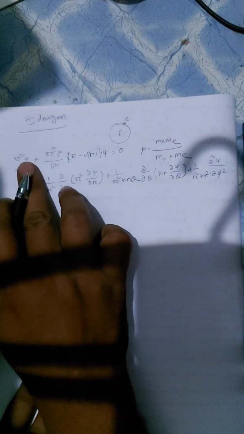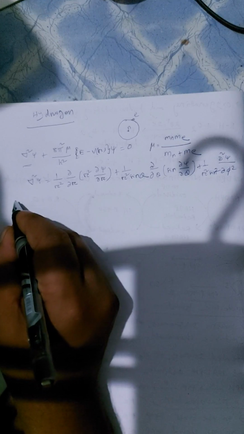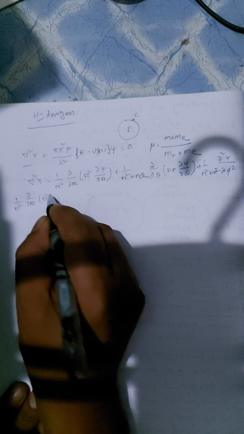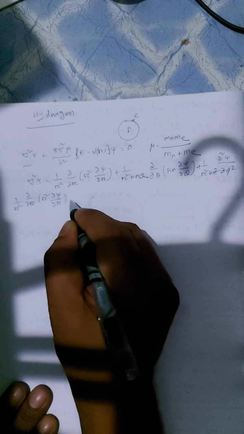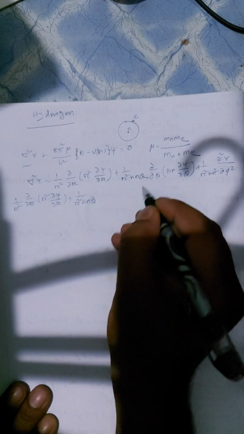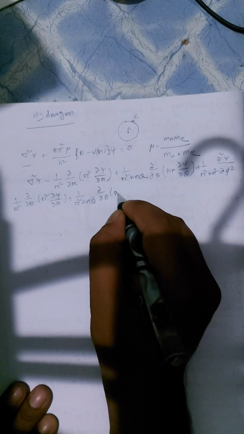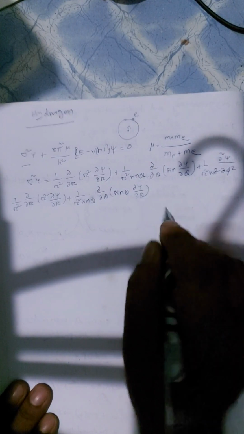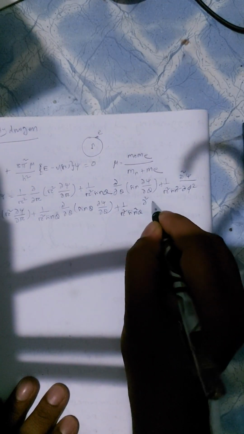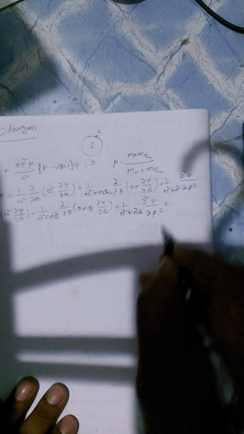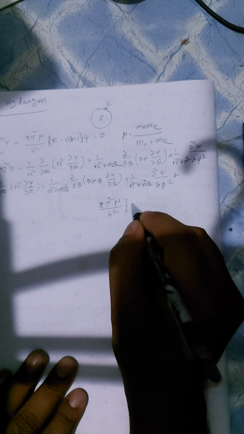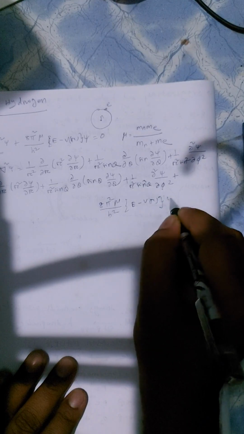If we put all these in this equation, the resultant equation is 1 by r square, dou by dou r, r square dou psi by dou r, plus 1 by r square sin theta, dou by dou theta, sin theta dou psi by dou theta, plus 1 by r square sin square theta, dou square psi by dou phi square, plus 8 pi square mu by h square, E minus V(r), whole of psi is equal to 0.